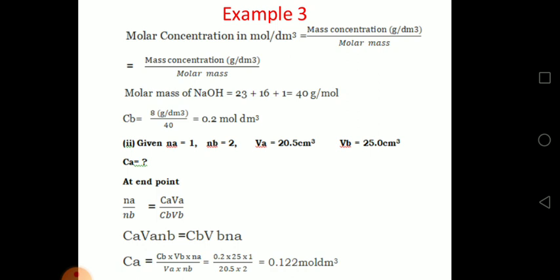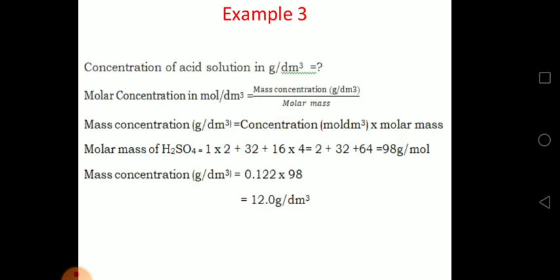Of course, I can always convert this to gram per dm cube. Concentration of the acid solution in gram per dm cube. So what we need to do is to make mass concentration the subject of the formula, and that will be mass concentration is equivalent to molar concentration times molar mass.